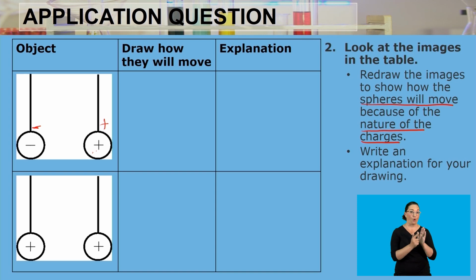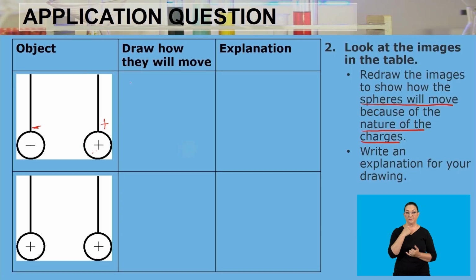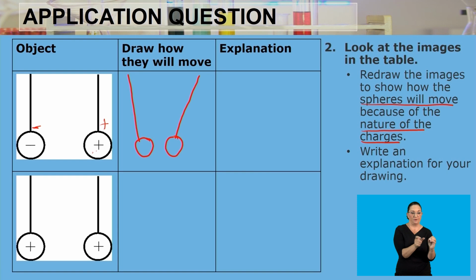According to the law of electric charge, like charges repel each other and unlike charges attract each other. Attract means moving closer towards the other substance. So the negative sphere is going to be attracted to the positive sphere, and they will move closer to each other.